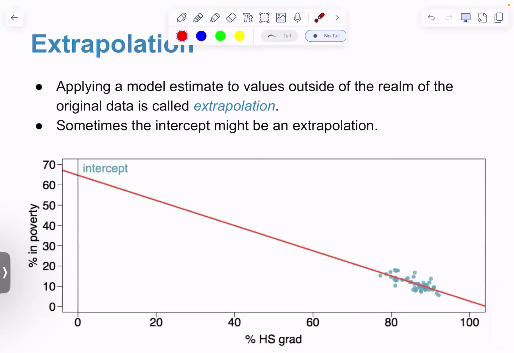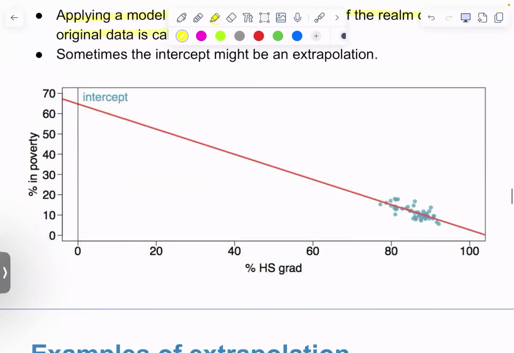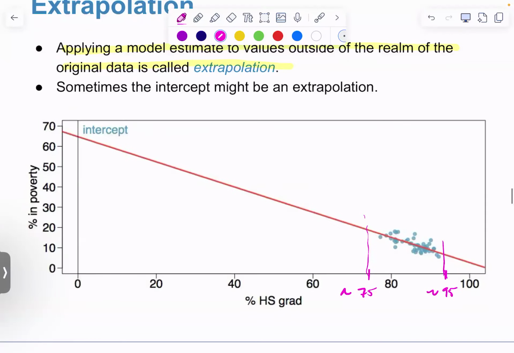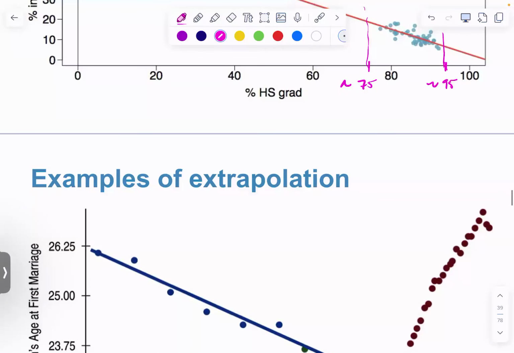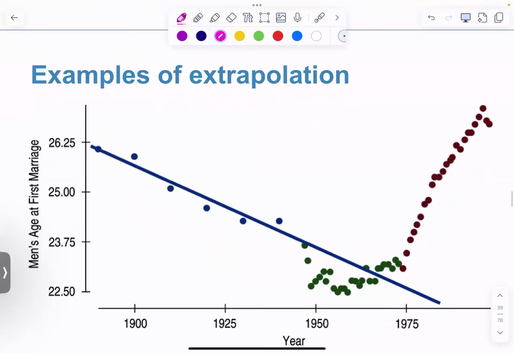Extrapolation, we've already seen it, but applying a model estimate to values outside the realm of the original data, which we said was kind of roughly 75 to roughly 95-ish. So the line is really only useful in this kind of short stretch. But lines keep going forever. That's not their fault.